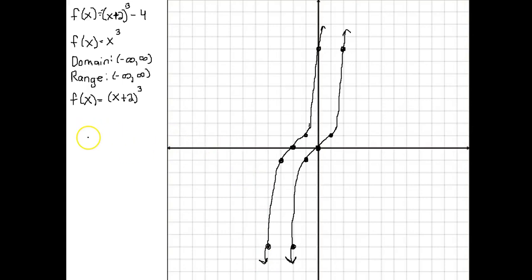Notice your domain and range are still the same.